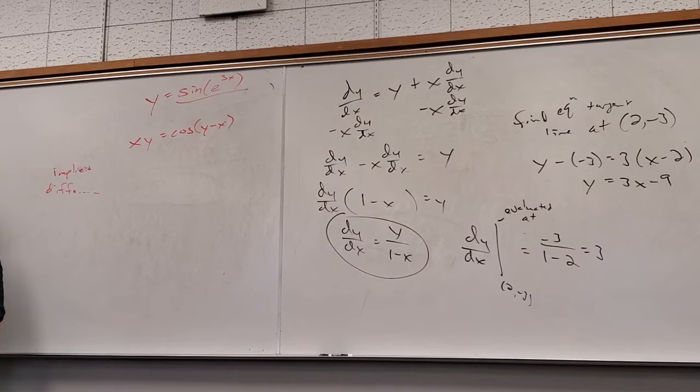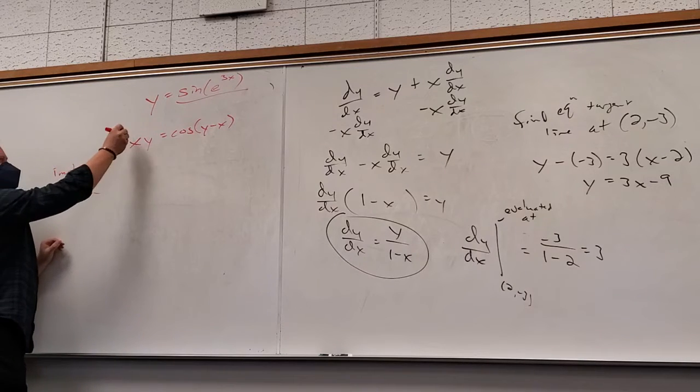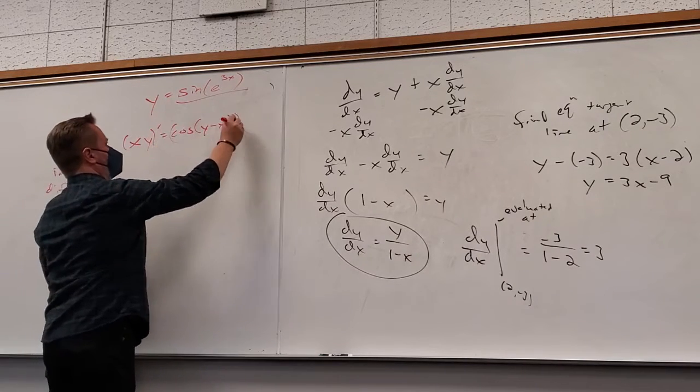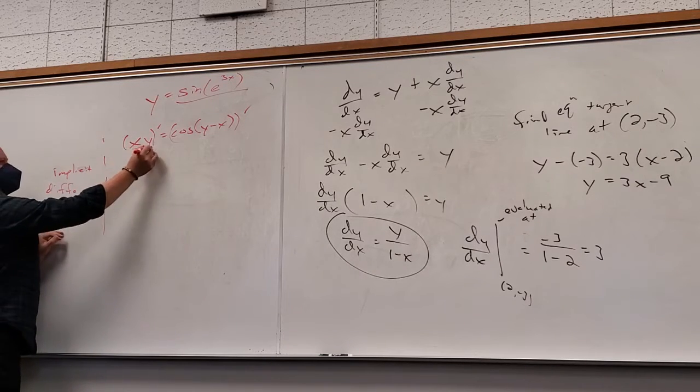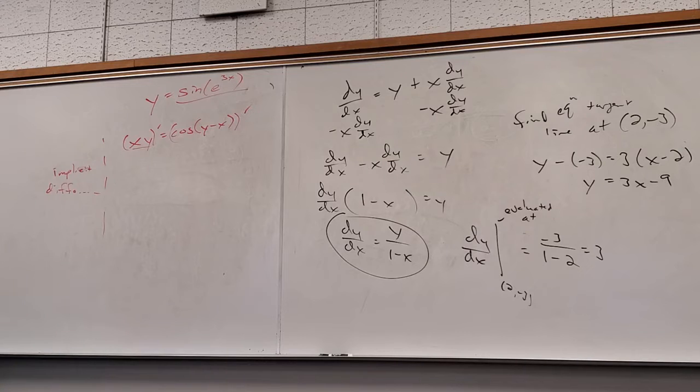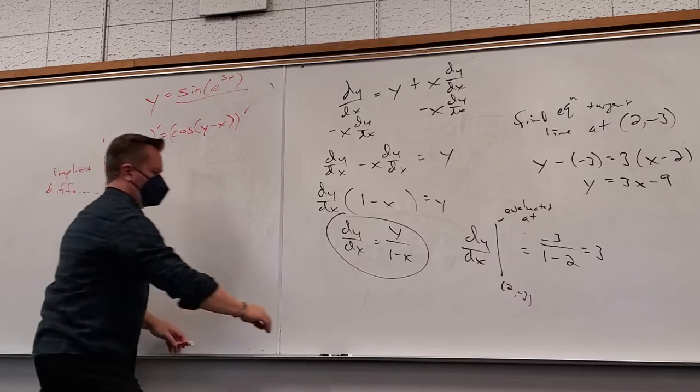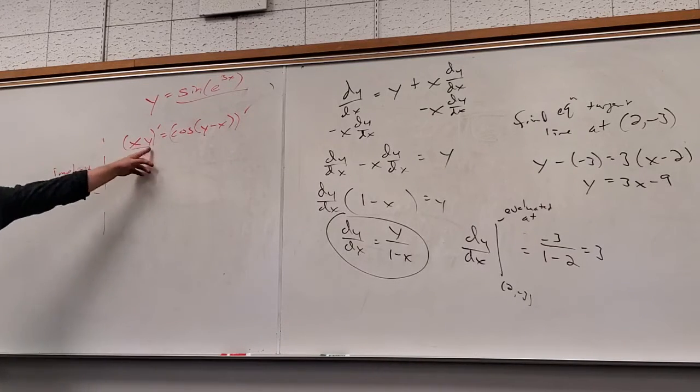You can't. But we can take a derivative of this all day long. Let's see. What do you think about this side? I'm going to take a derivative of both sides. Bam. What's happening on this side? What is y?